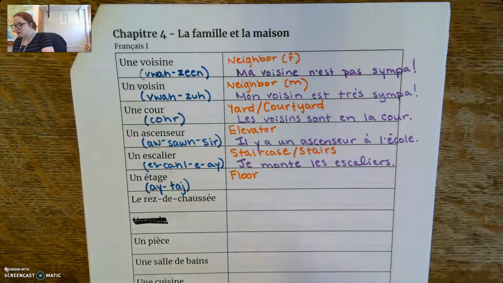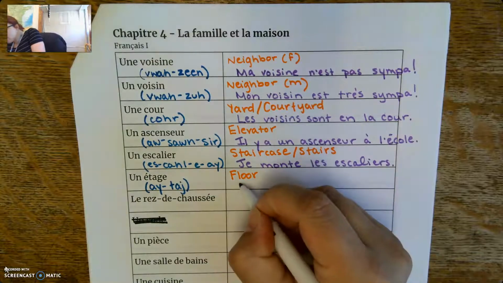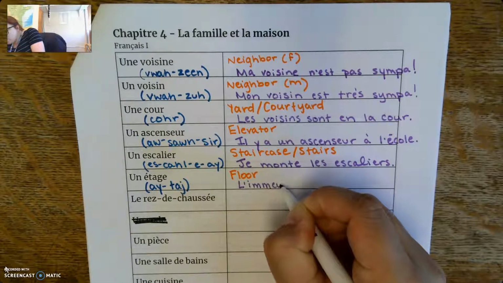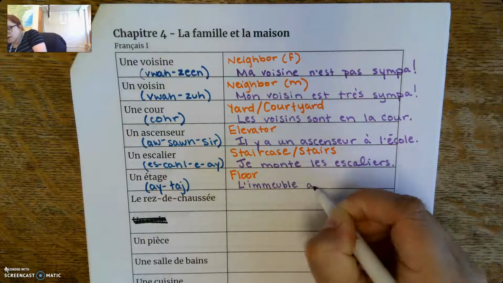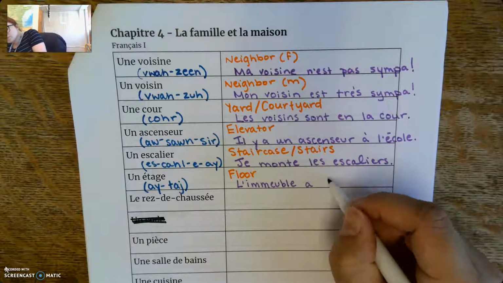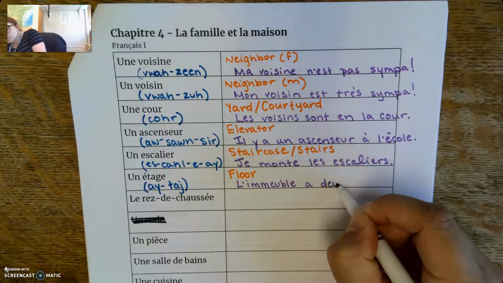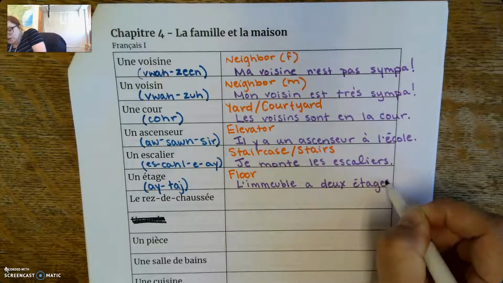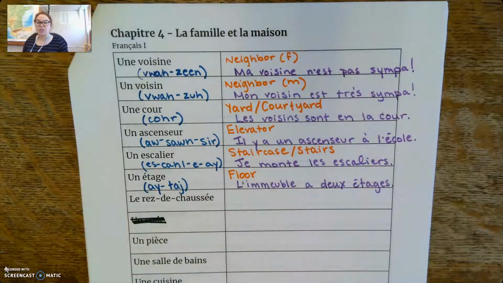So you might say l'immeuble a deux étages. The building has 2 floors, so you can say that at our school. L'école a 2 étages.